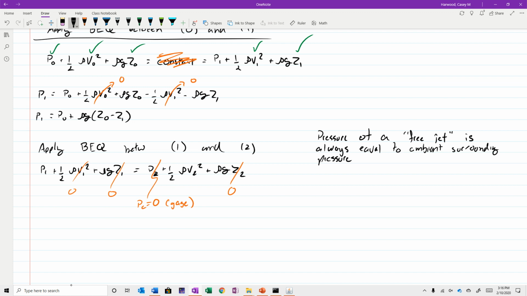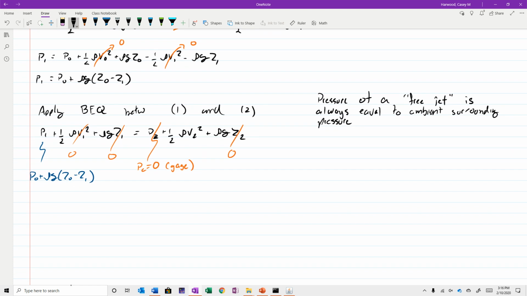And since we know P1 as being P naught plus rho g times z naught minus z1, we only have one unknown, and that's V2.